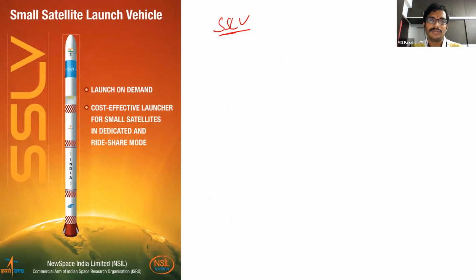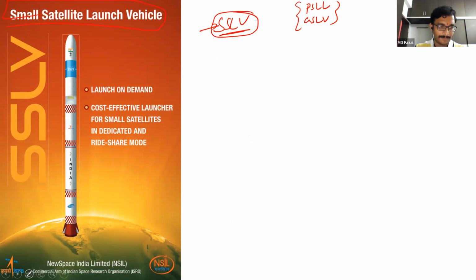Small Satellite Launch Vehicle. You have PSLV, you have GSLV. Now the next new terminology is Small Satellite Launch Vehicle. Again, New Space India Limited is involved in its development. Look at the mark here, New Space India Limited.